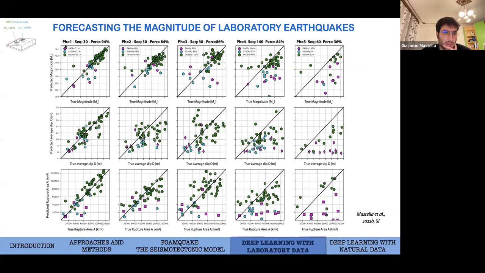And we can see that at a prediction horizon of 1, we can predict very well all the source parameters of analog earthquakes. If you increase the prediction horizons, these predictions become very bad, and the number of analog earthquakes that we can predict decreases a lot. So the percentage here reflects the number of good predictions that you can obtain.